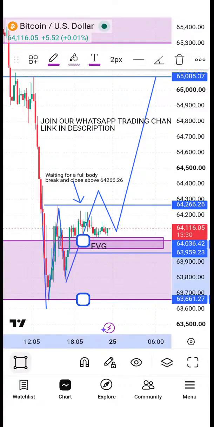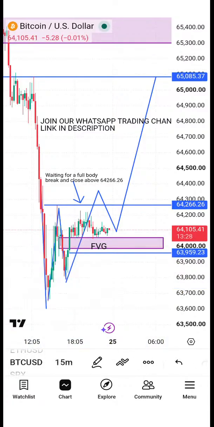Let me remove this area because it might confuse you. I also remove this.